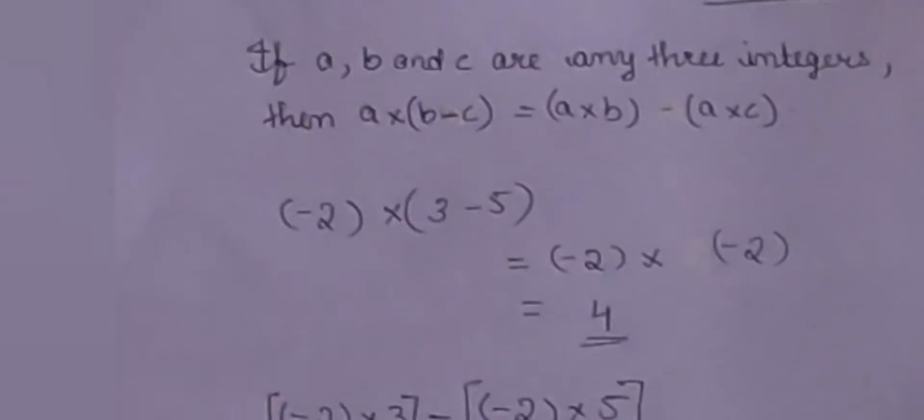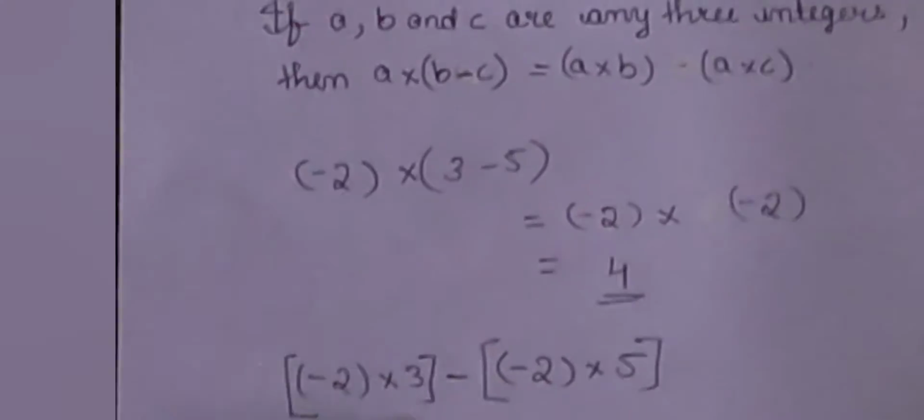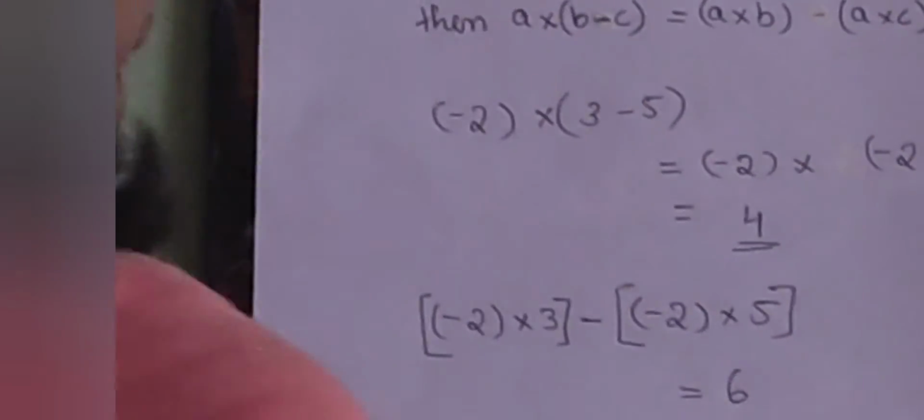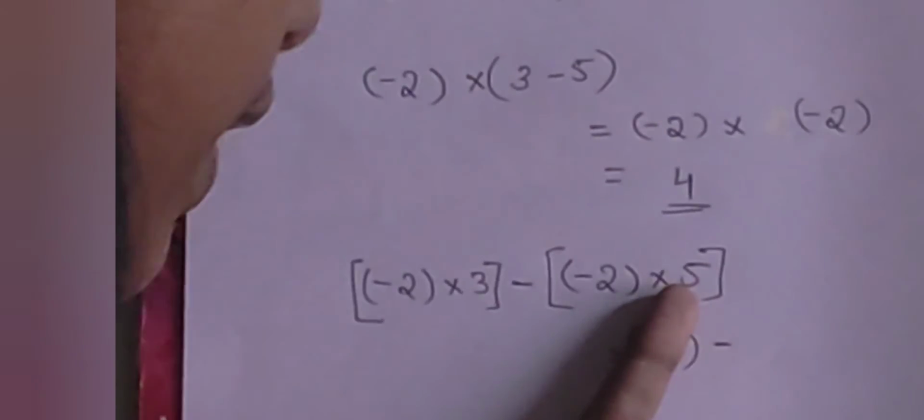Negative 2 into positive 3 minus negative 2 into positive 5 is equal to 2 into 3, 6. Here we have one positive and one negative. So it is negative 6 minus 2 into 5, 10. Here we have one negative and one positive.